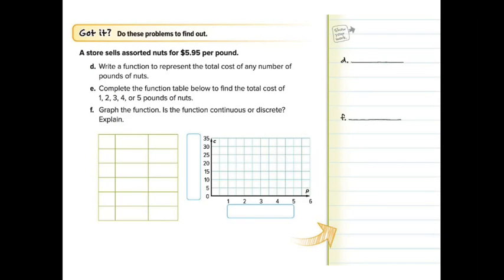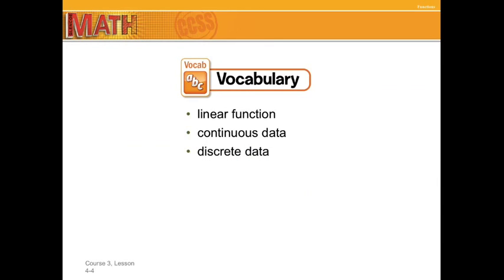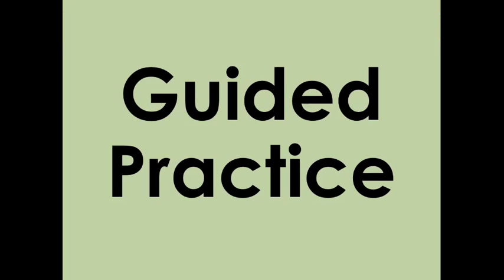Fast forwarding through this section. Let's go back. We're fast forwarding through this as well. Don't worry about continuous data for vocabulary. And don't worry about discrete. We will come back to those later. Linear function, make sure that's on your vocabulary page. You can put it on the page from last week.